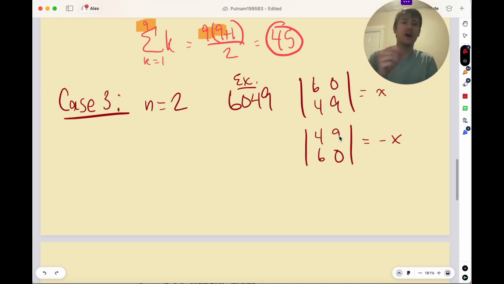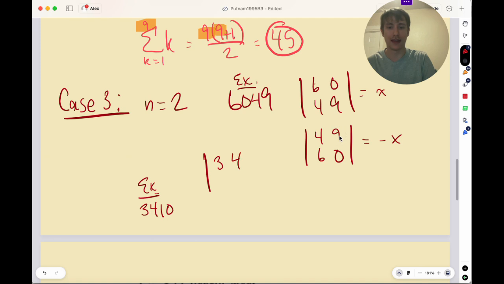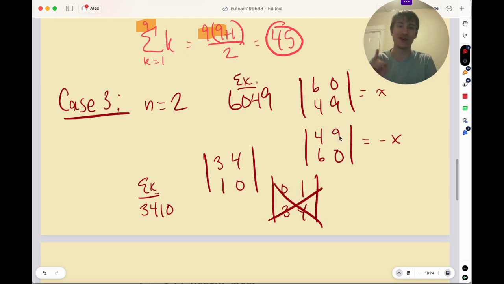And while you would be correct, let me just throw a wrench in that plan. Let's look at this example, 3410. So the determinant of that is going to look like this. However, if you flip-flop the rows, what you end up getting is 0134, which we are not including.